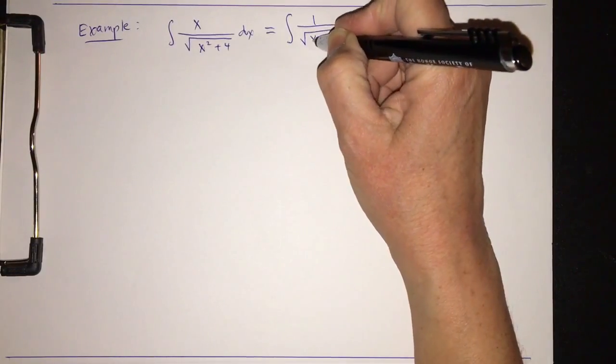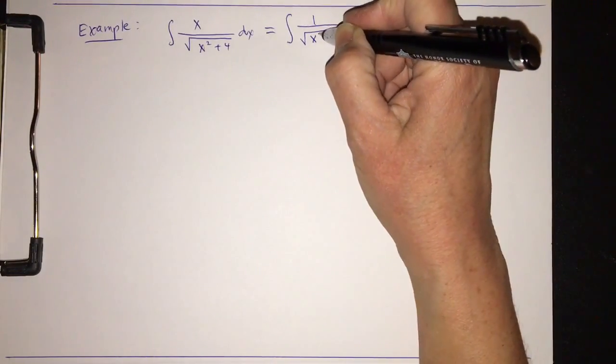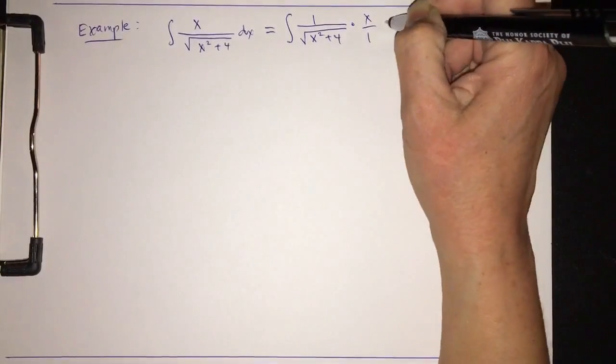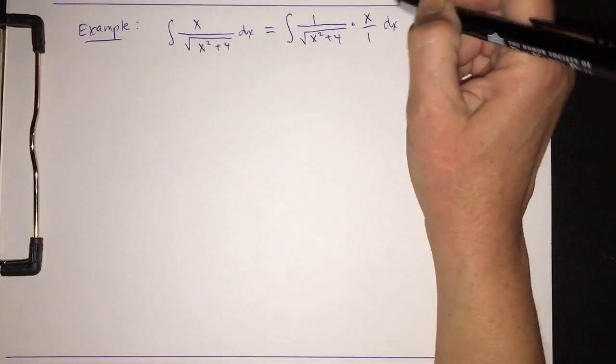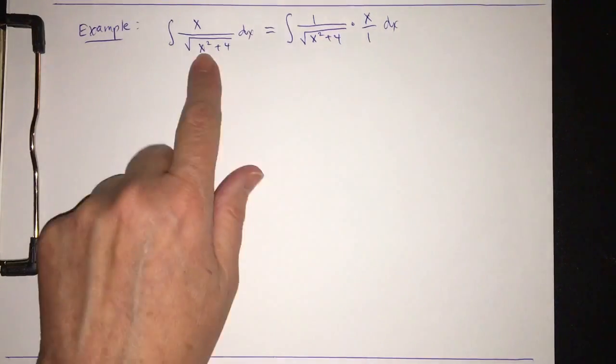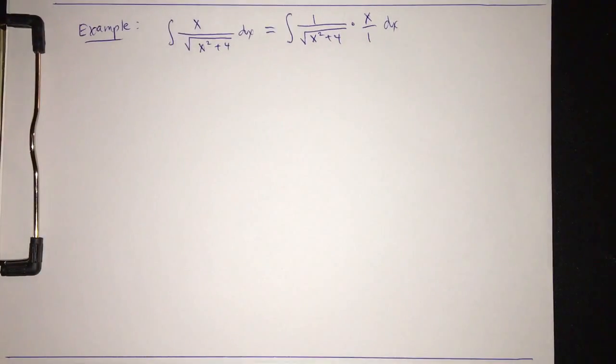So I can say that's 1 over the square root of x squared plus 4 times x over 1 dx. So I wrote it as the multiplication of two fractions, and that's what the original problem equals. If I were to multiply these two fractions, I'd get that back again.